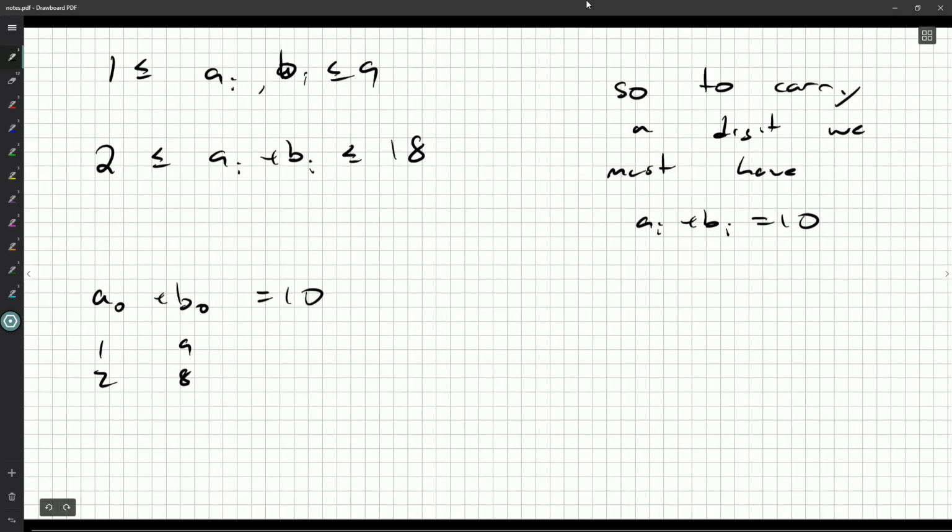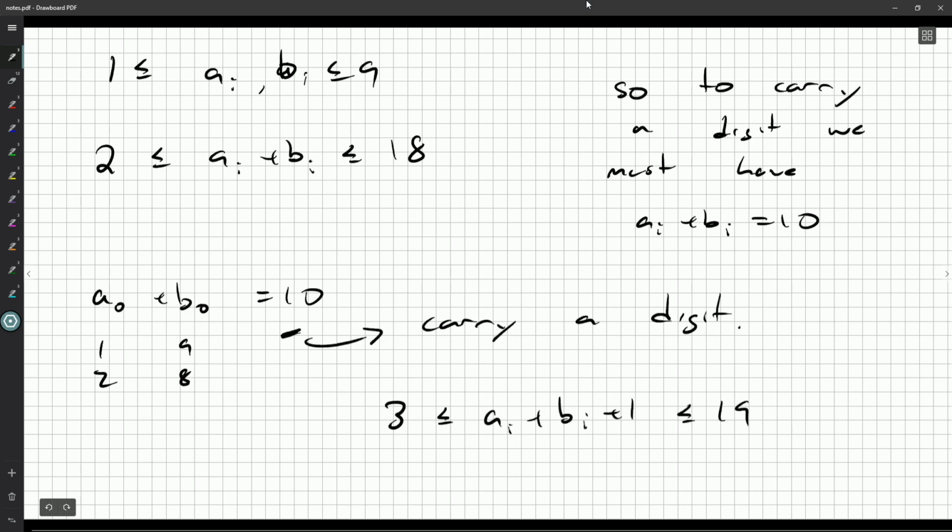Back to our question. Okay, let's say carry a digit. We can also see that Ai plus Bi plus 1 is between 3 and 19.